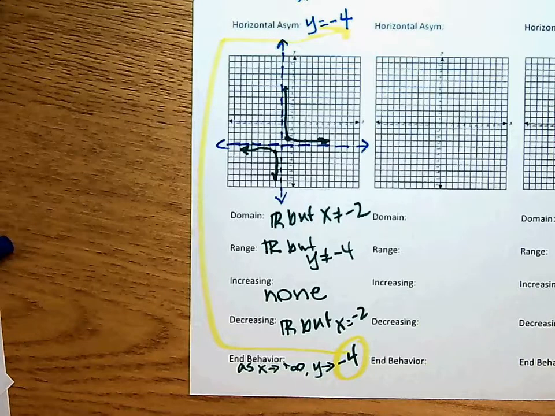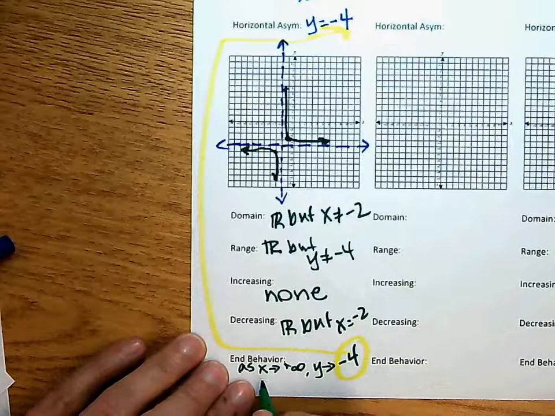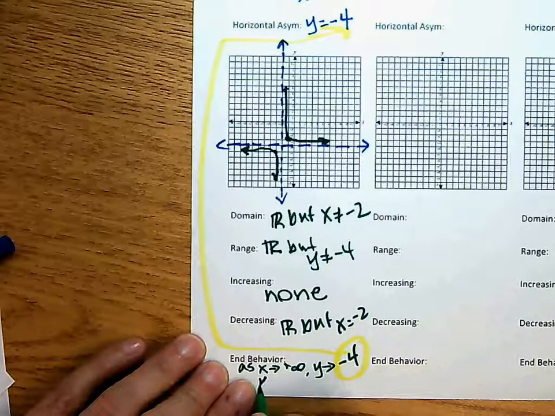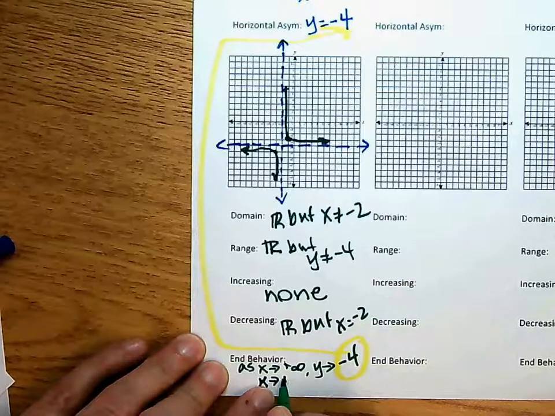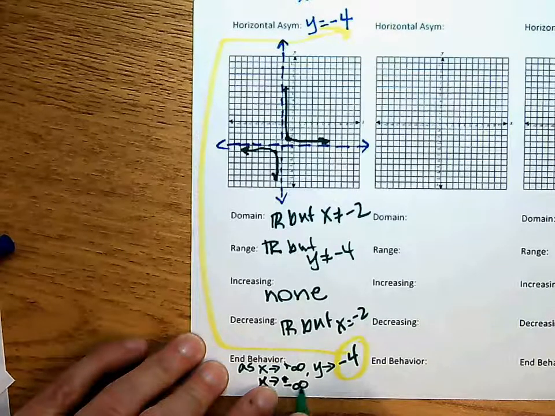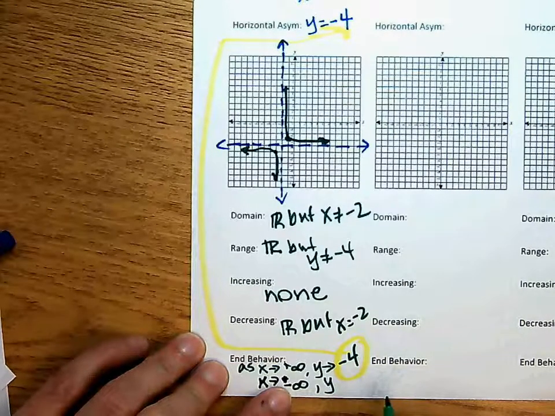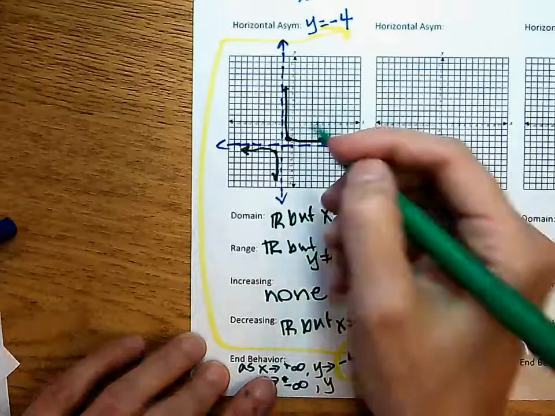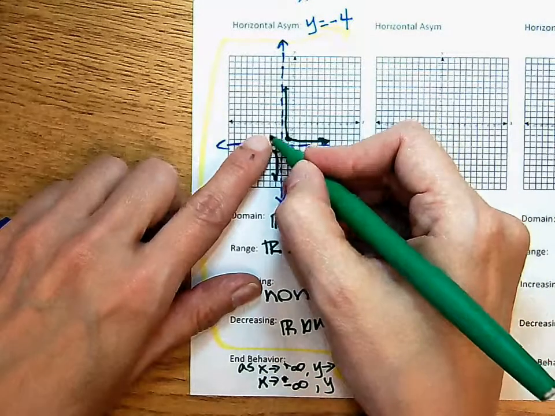It tells you where it can't be, so that shows you it will never be equal to that, but it is approaching. And then the next line would be, as x approaches negative infinity, what does y approach? -4.